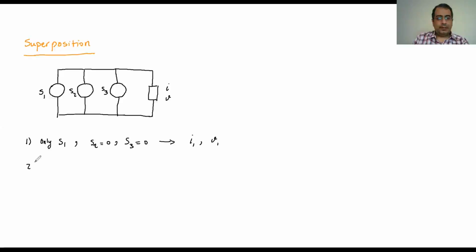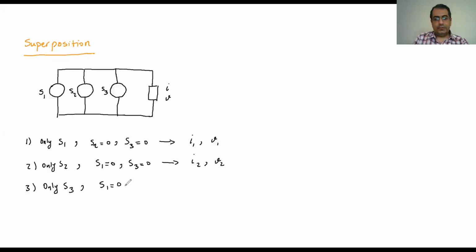Then in the next step, I only consider S2 and assume S1 is 0 and S3 is 0. Only S2, and then I calculate I2 and V2 at that element. Whatever value is in that element, I name it I2 and V2. And then again, in the third step, I only consider S3 and I assume S1 is 0 and the second source is 0.